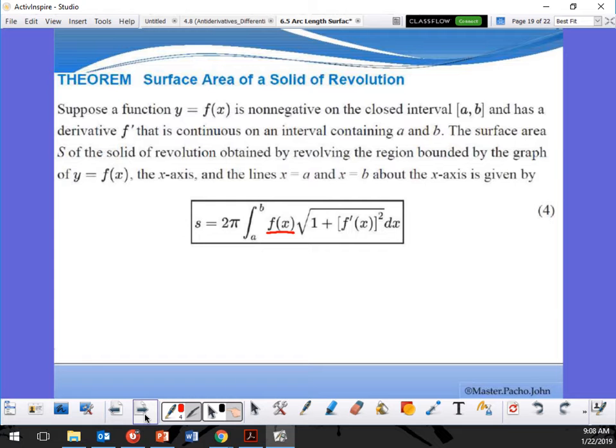Couple of things. What's the integration of secant x? Try it again. It's the natural log of the absolute value of secant x plus tangent x, plus C. We did this recently.